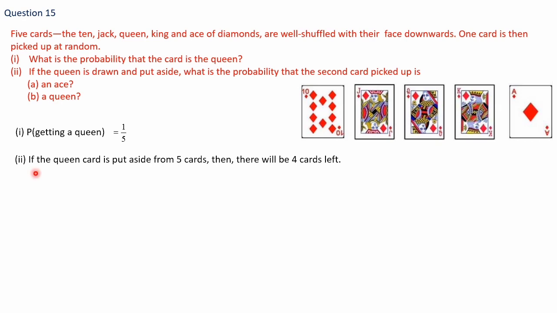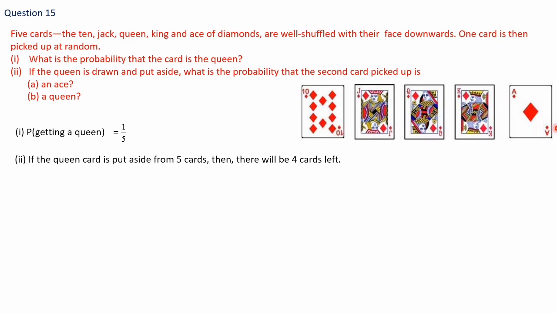Next, if the queen card is put aside from 5 cards, then there will be 4 cards left. As per the question, if the queen is drawn and put aside, you are taking a queen and just keeping it away. What is the probability that the second card picked up is an ace or a queen? So here there are 5 cards, and from here you have taken one queen and you are not keeping it back, you have taken it away.